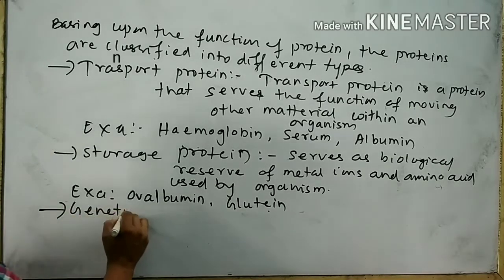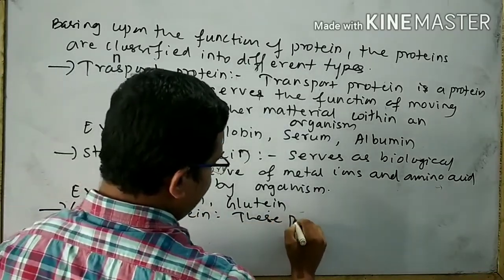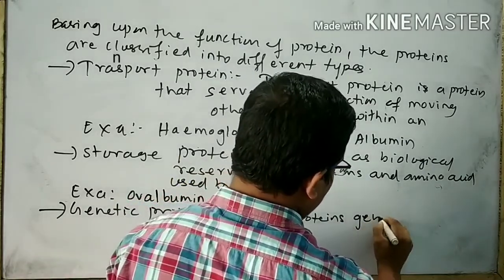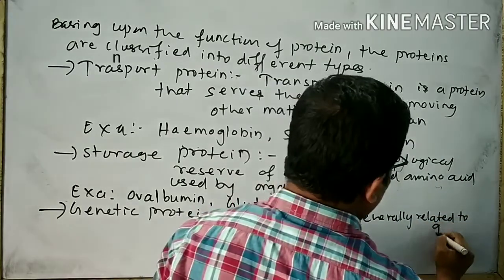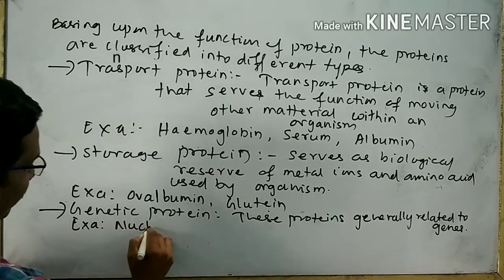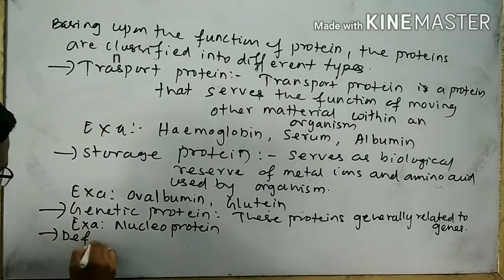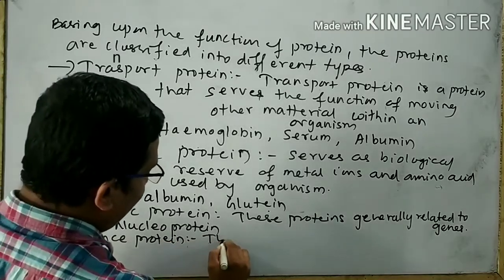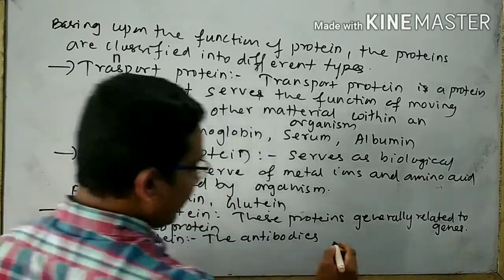Next is genetic protein. These proteins are generally related to genes. Example is nucleoprotein. Next is defense protein. The antibodies are the defense protein.